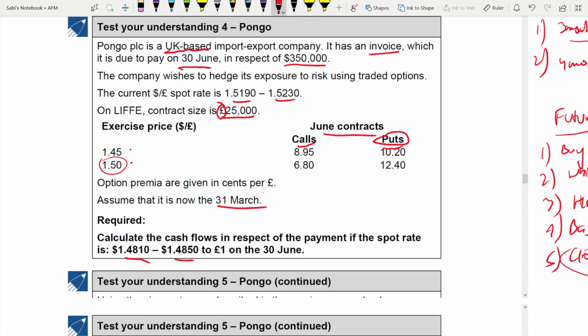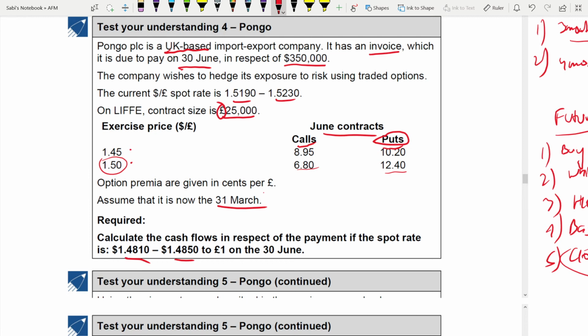But if you see the premiums, at 1.5 the premium is more. Something which looks more attractive, definitely the premium will be more for it.